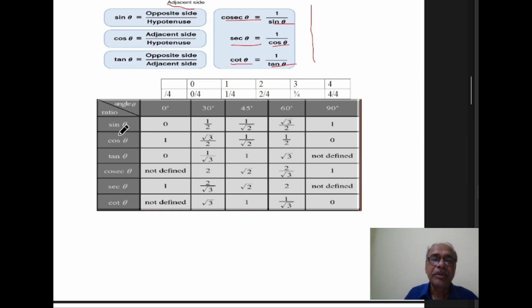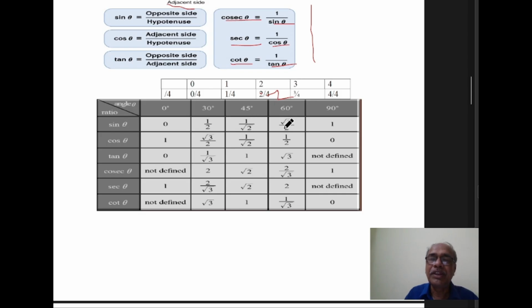Now here see for sin theta, if we go to this row, sin 0, you see 0 by 4 equals 0, then the square root of that is 0. 1 by 4, the square root of 1 by 4 equals half. 2 by 4 is 1 by 2, and the square root of 1 by 2 equals 1 by root 2.